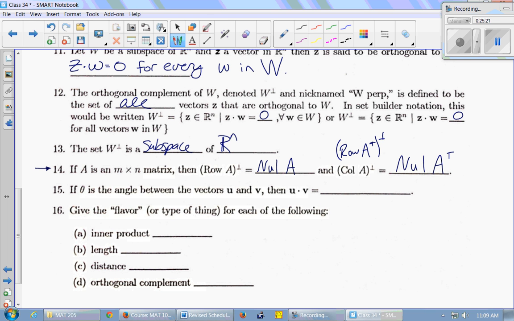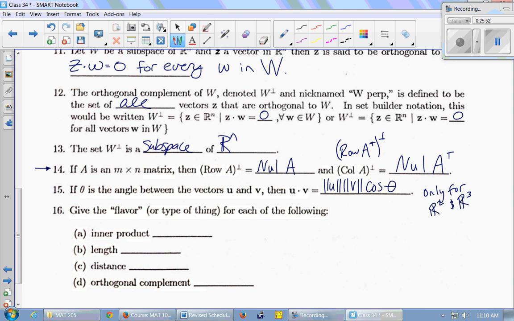This last thing is also not something we're going to super focus on, but it's a nifty little thing. If theta is the angle between two vectors u and v, and this I believe is only true in R2 and R3, or at least that's what your textbook said, then u dot v equals magnitude u, magnitude v, cosine theta.